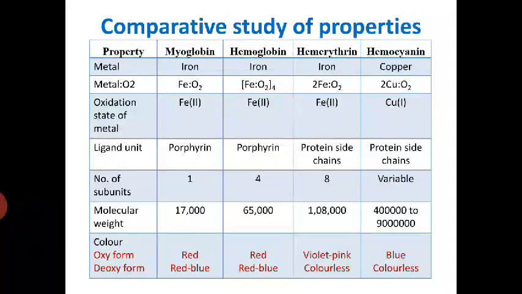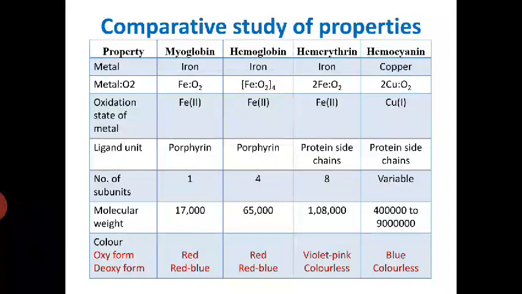Then coming to the next property, that is metal oxygen ratio. In myoglobin, one oxygen molecule is bound to one iron atom. That means the ratio is 1:1, that means Fe is to O2. Whereas in hemoglobin also, one iron atom is bound to one oxygen molecule.